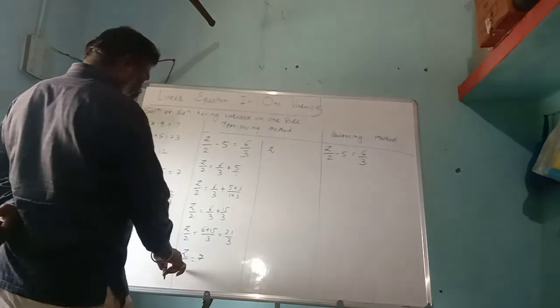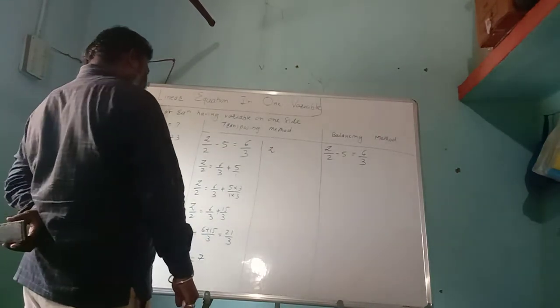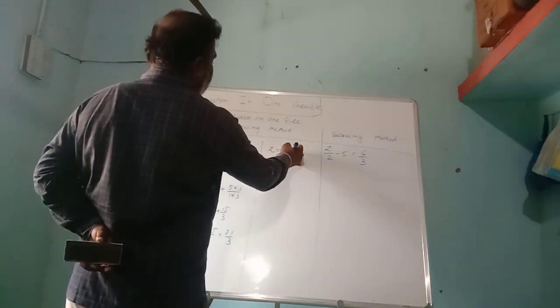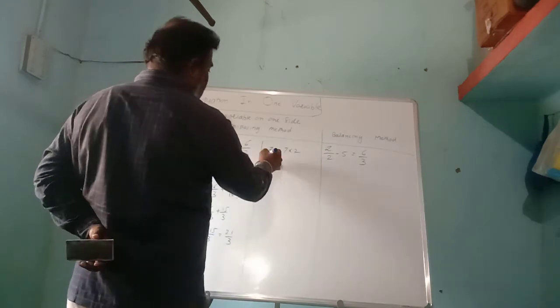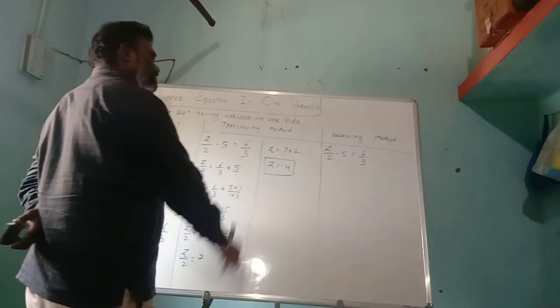Now we have to transpose this 2 to the right hand side; being in division with z on the left, it becomes multiplication with 7. z equal to 7 into 2. Hence, z equal to 14 is our required solution.